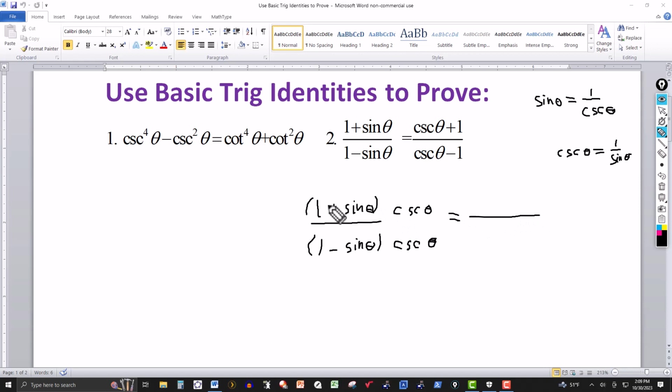Cosecant of theta times 1 is cosecant of theta. Cosecant of theta times sine theta is 1, because cosecant is 1 over sine, the reciprocals. On the denominator, cosecant of theta times 1 is cosecant of theta, minus cosecant of theta times sine of theta, that's 1, again the reciprocals. This is 1 over sine, that divides out, giving me 1.